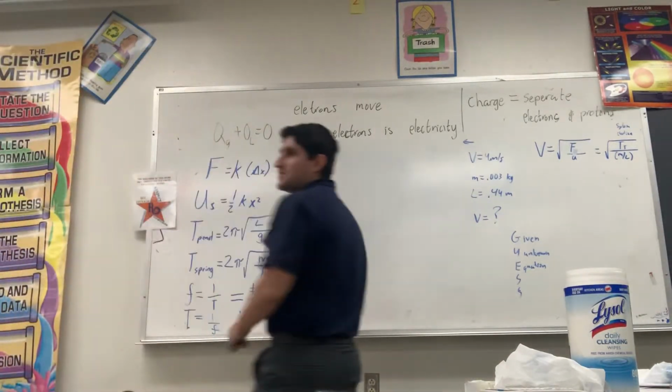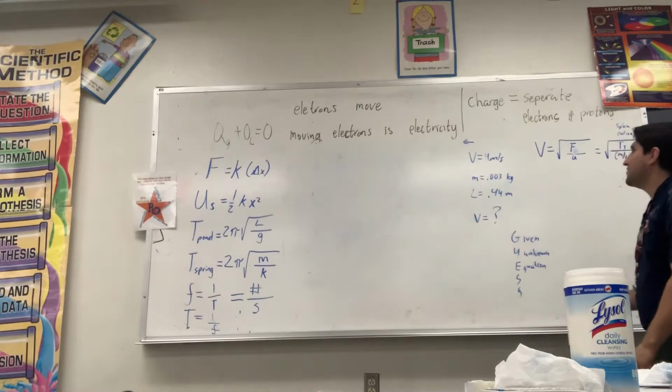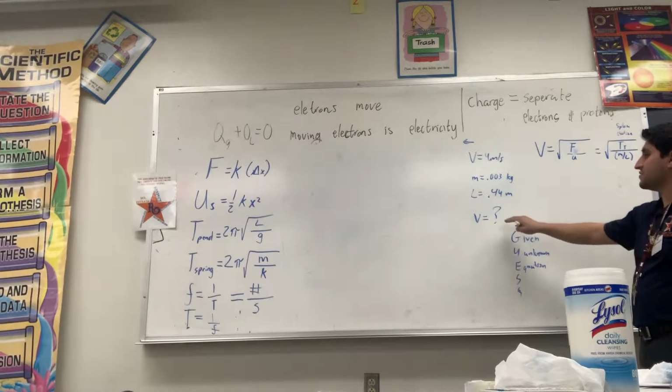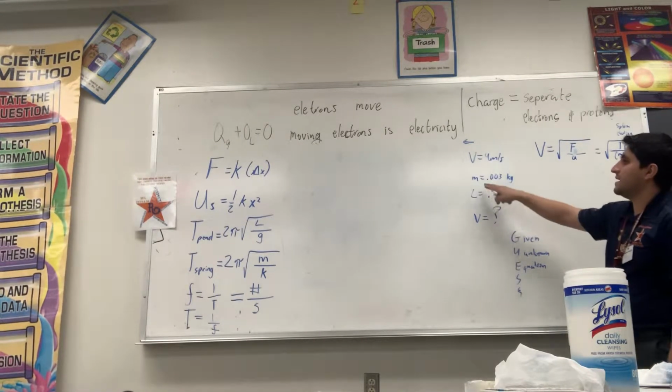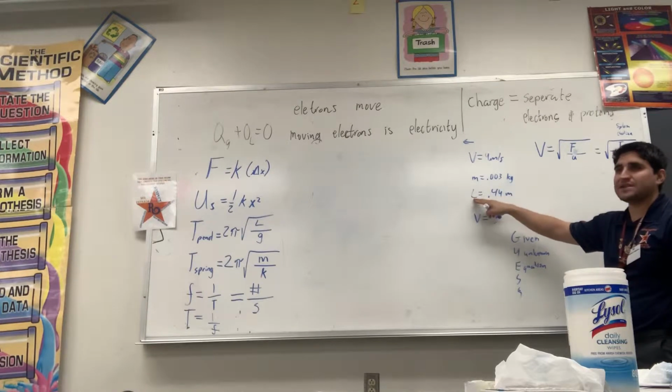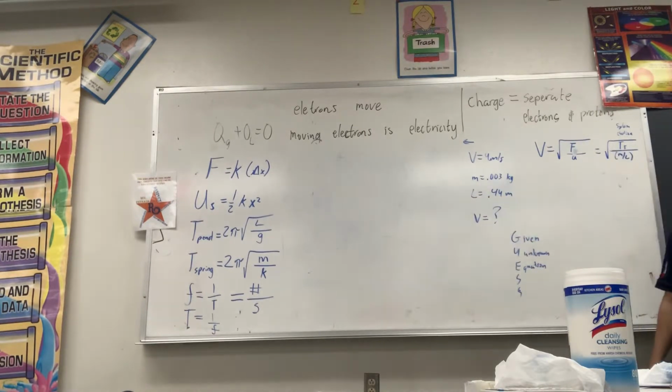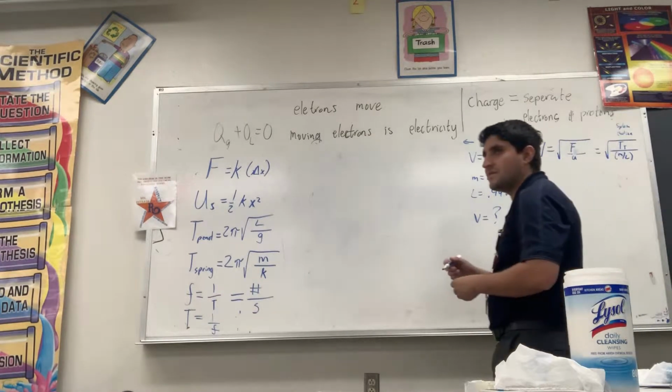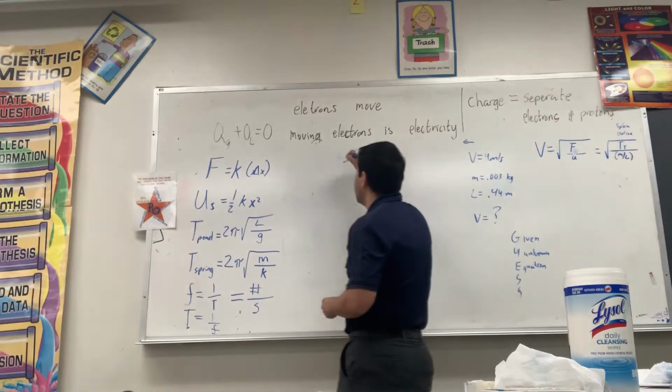So we missed nothing. What equation that we know deals with velocity, m, and also has L in it? Where it says there's a wave in the string. Yeah, and what is that?